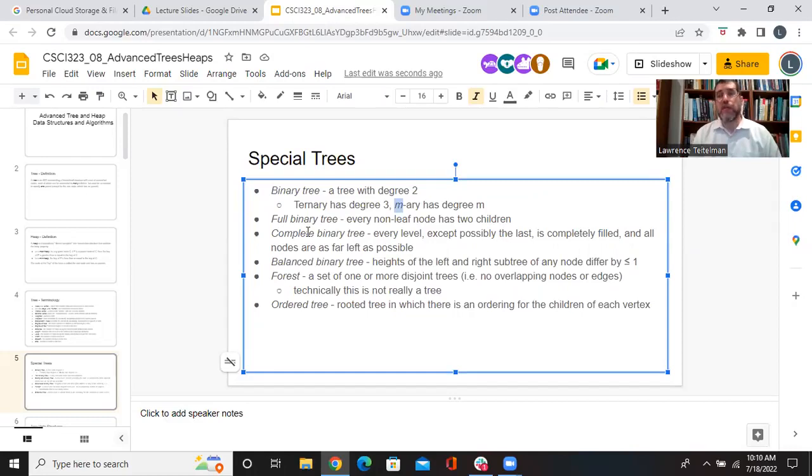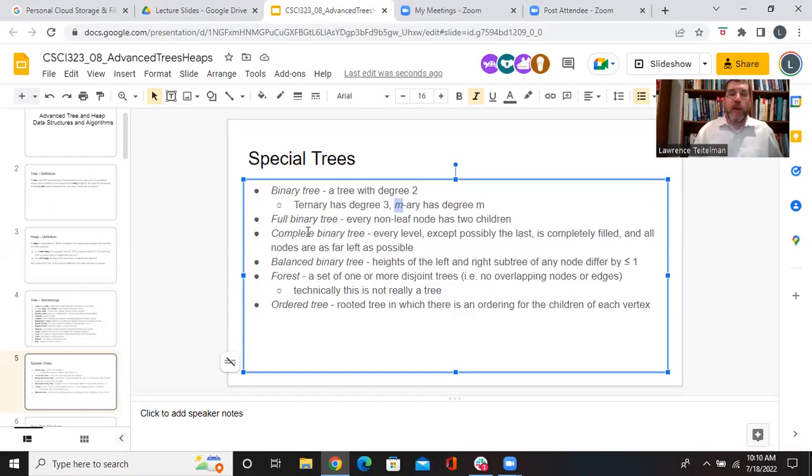Now that child on the right-hand side has no children. It's a leaf. So as long as the left-hand side is full, the right-hand side has met its requirement. It doesn't have to have any children. That would not be consistent with a complete binary tree, because in a complete binary tree, every row has to be filled in except possibly the last. And we see that, by the way, in a heap. So a heap is going to be complete.